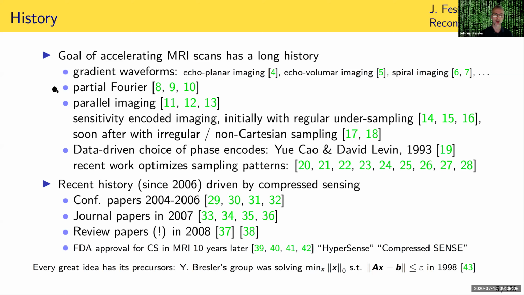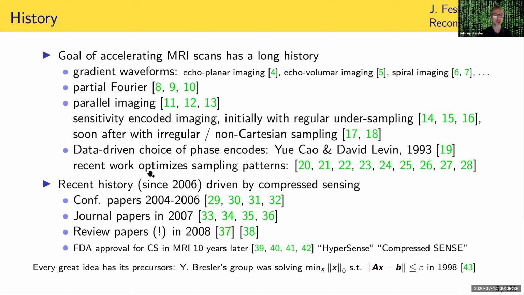There are both hardware-based methods for making them faster, as well as different ways of collecting the k-space data to reduce how much time you spend collecting that data, and using parallel imaging, which we'll talk about more later, to give us additional information so that we can collect fewer samples. In fact, this has such a long history that even as far back as 1993, people were working on data-adaptive methods for choosing which locations in k-space to sample.